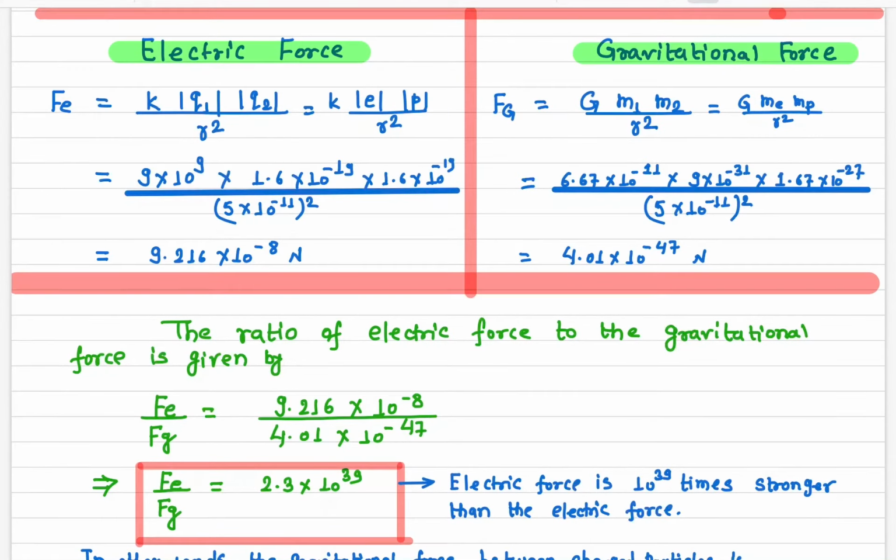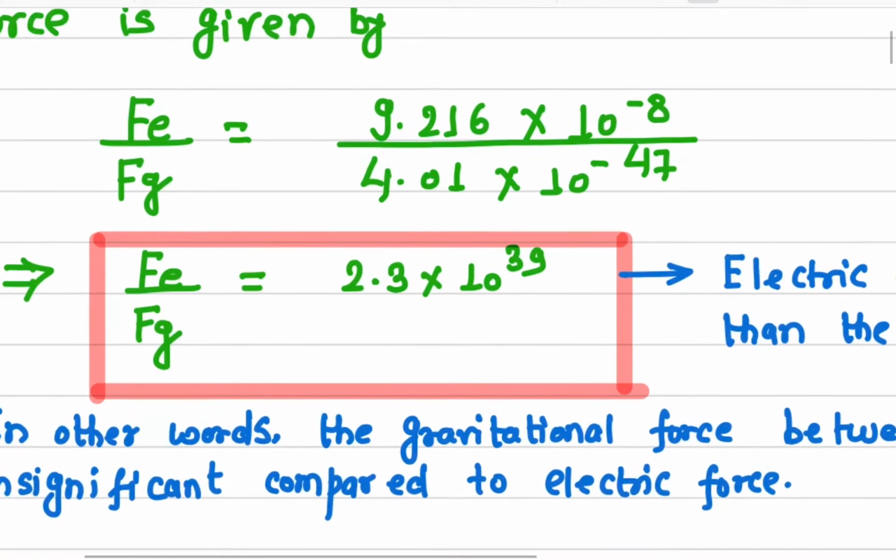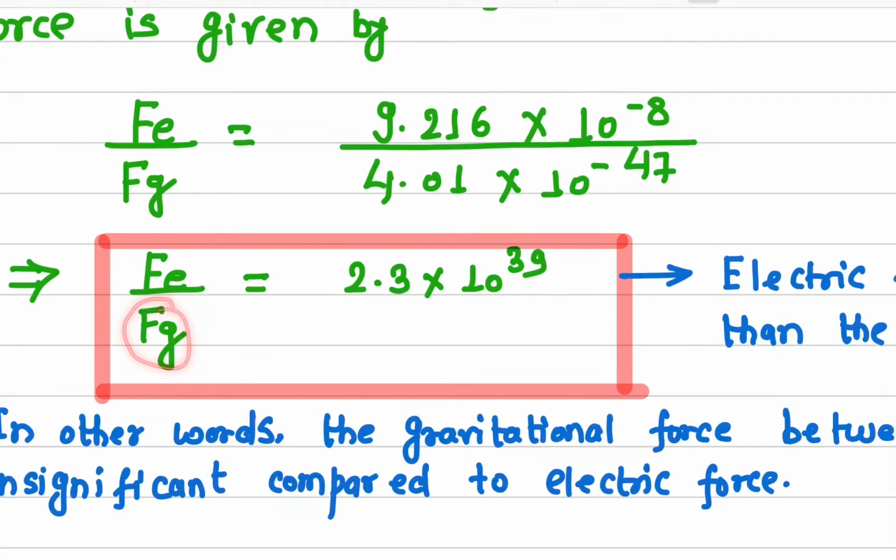So what does this ratio tell you? It tells you the electric force between the electron and proton is 10 to the 39 times stronger than the gravitational force. So the electric force is much greater than the gravitational force. And this is why, whenever we deal with the electric force between two charged particles, we simply ignore the gravitational force.